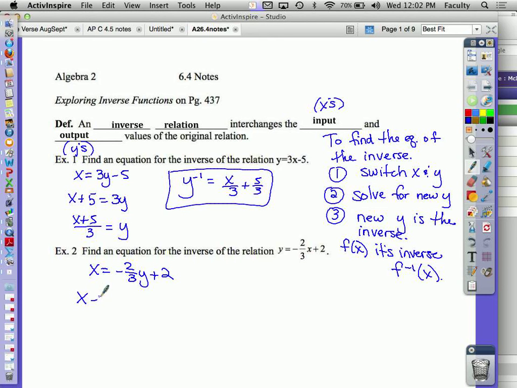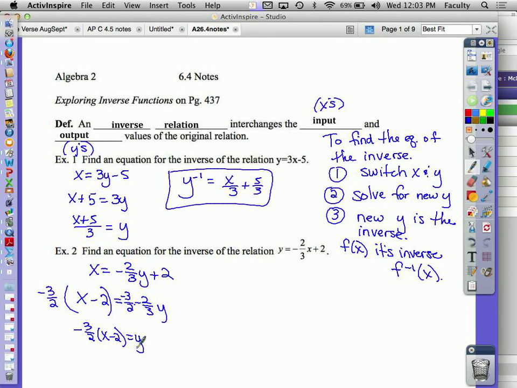So I'm going to subtract 2. And then what do I need to do to get y alone? Multiply by the reciprocal, and I like that mathematical language there. You're going to multiply by the reciprocal, so that's negative 3/2 times the quantity x minus 2.